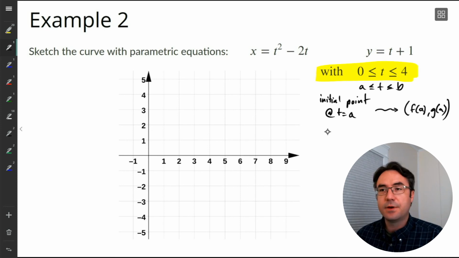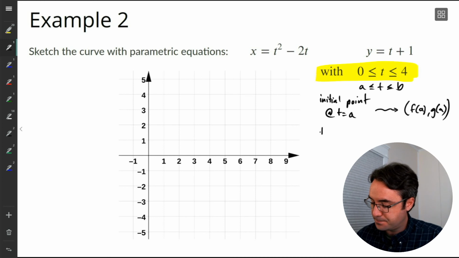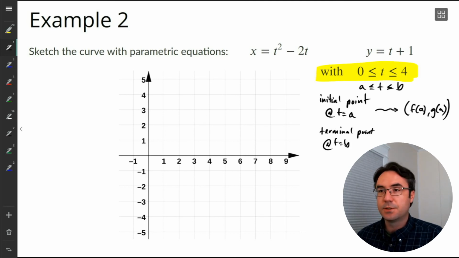And then we have the upper limit here for t, the other end of our interval, which gives us a terminal or ending point. So when we plug t equals b in, what point do we get?